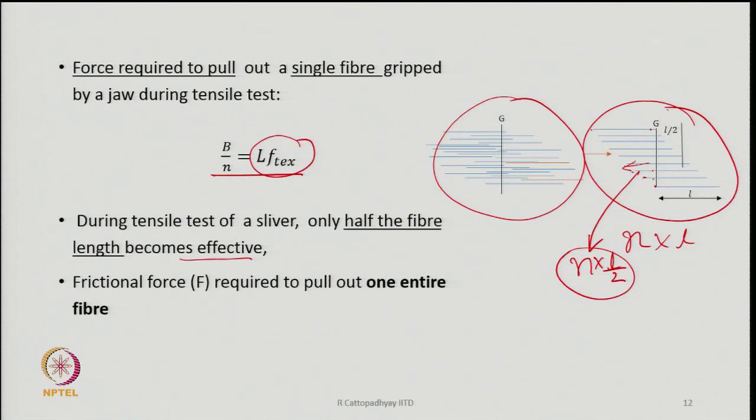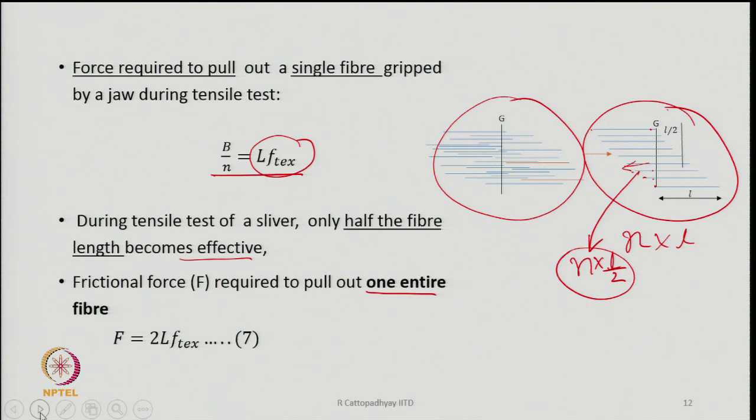Therefore, when the separation takes place, actually half the fiber length is participating in it. But when I try to remove one fiber from the rest of the sliver, then the entire fiber length has to be pulled out, because the rest of the fibers are surrounding the fiber which is being pulled out.